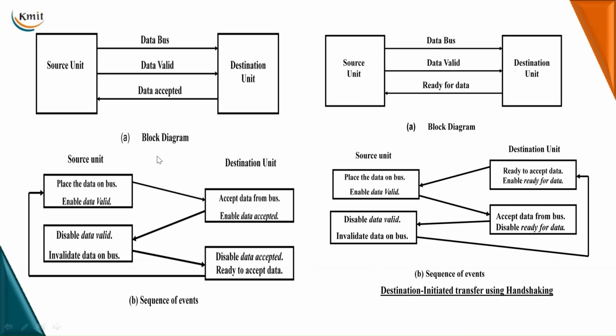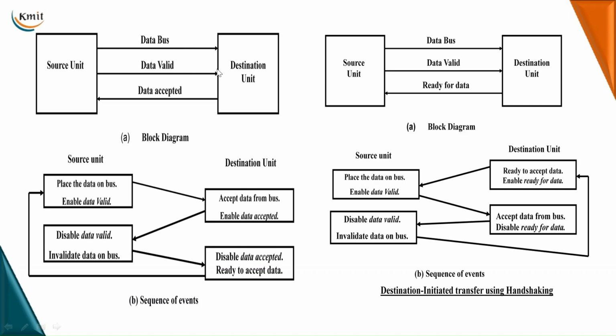Here is a block diagram of source initiated handshaking, where we have a source unit and a destination unit. Whenever a source unit wants to send information to the destination unit, it will first place data onto the data bus, and it will enable the data valid line.